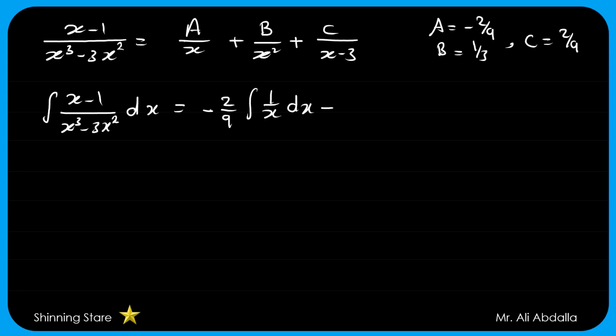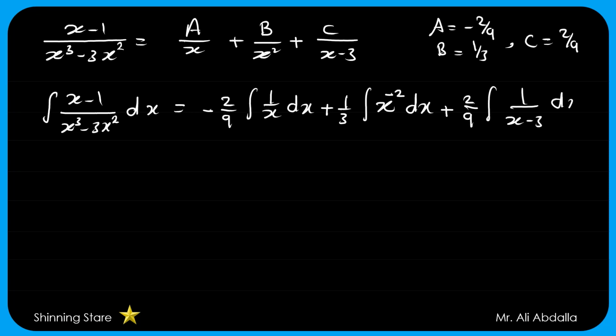We have here b equals 1/3, taken outside the integration, of 1 over x squared, which we can write as a power, x to the power negative 2 dx. Plus we have here c equals 2 over 9, taken outside the integral, 1 over x minus 3 dx.